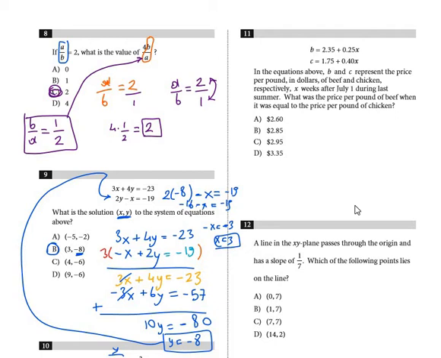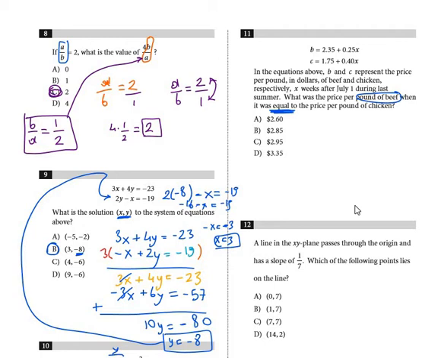So here we were given two functions and we know that they are equal to each other. So in that case, what is the price of beef when they are equal to each other? What we are looking for is the price of the beef per pound when the two functions are equal.